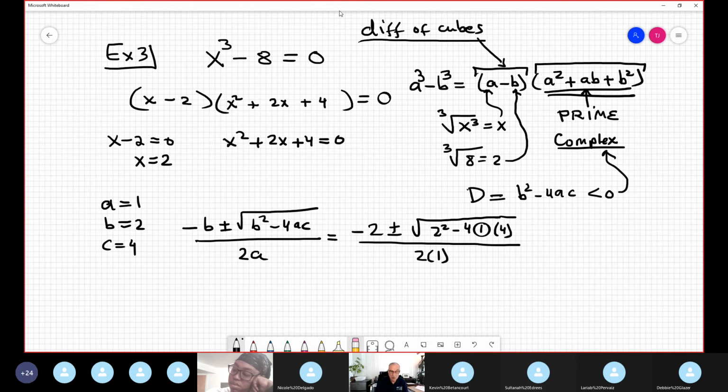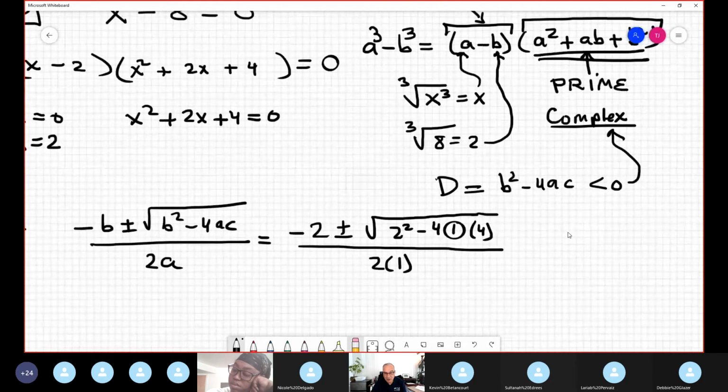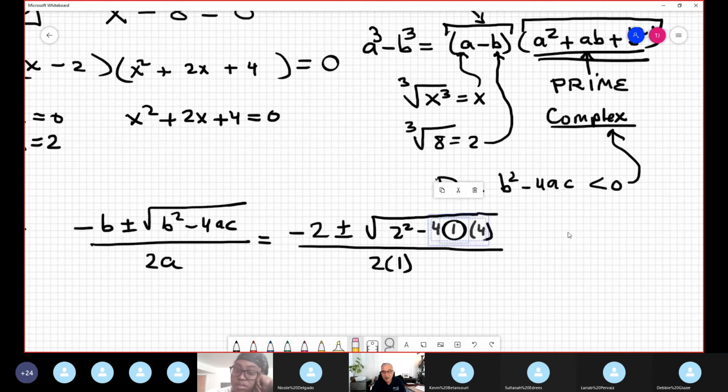Okay, what is that? Let me erase that part. This is 4 times 1 times 4, no? Because C is 4, no? Yeah, C is 4.